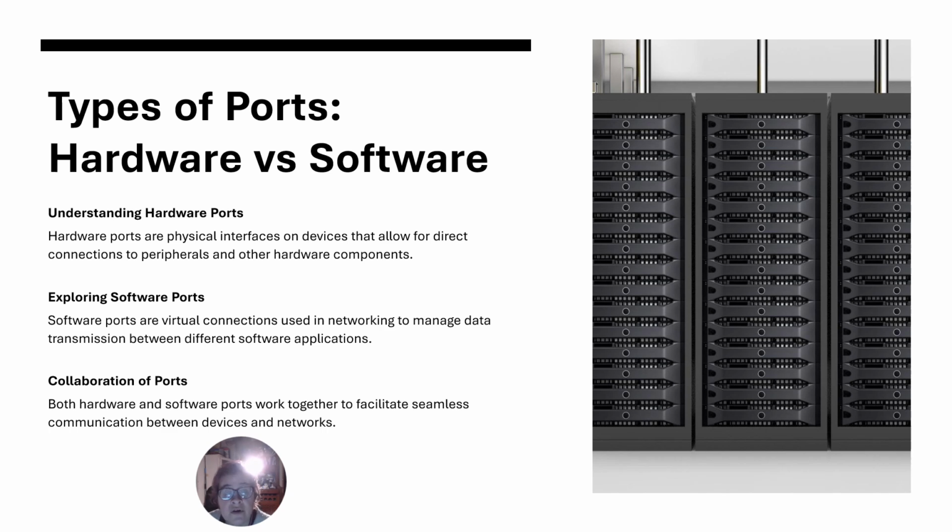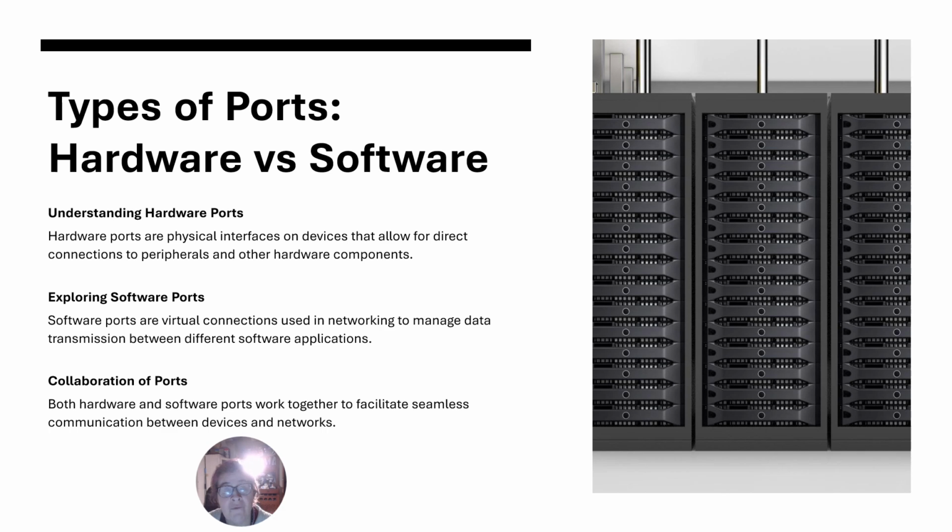Okay, hardware versus software, types of ports here. Hardware ports are physical interfaces on devices, such as these, that allow for direct connections, as in you plug something in, to peripherals and other hardware components. So that's where something's plugged into something else, all right?